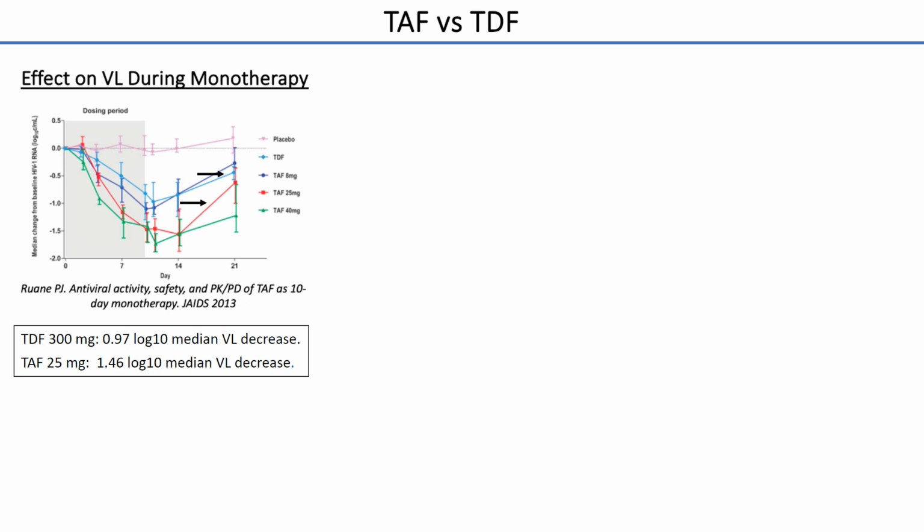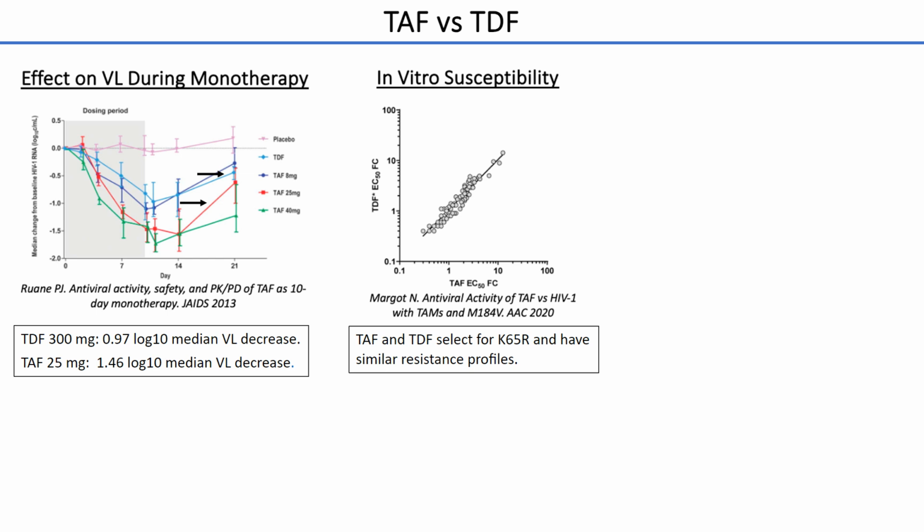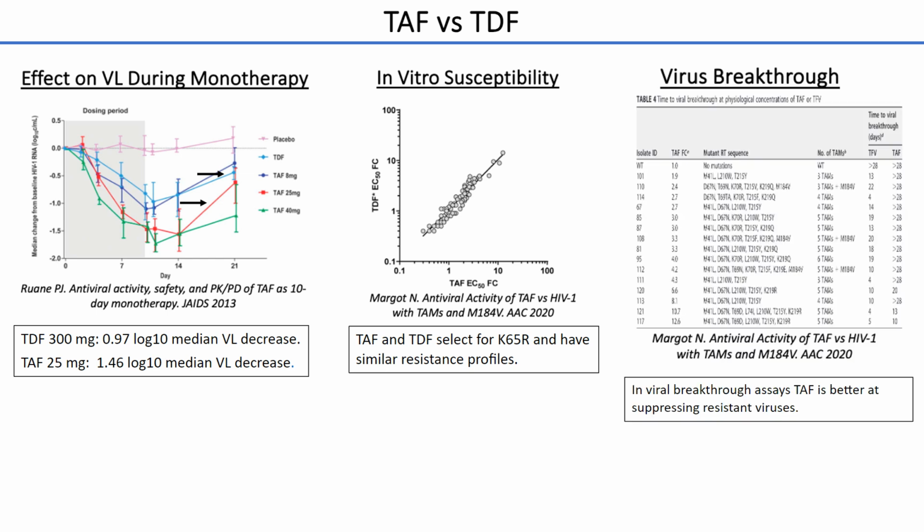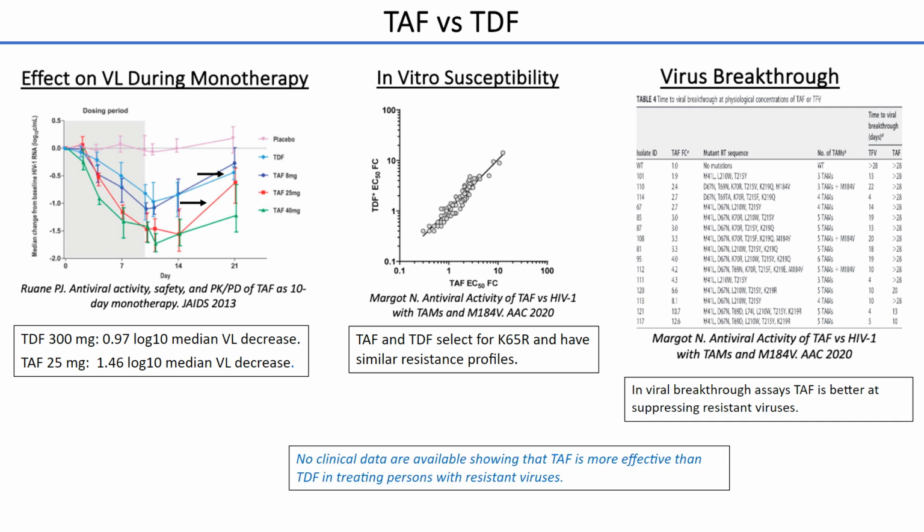However, both TAF and TDF select for K65R in vitro and exhibit similar fold reductions in susceptibility to drug-resistant viruses in both the single-cycle PhenoSense assay and the Gilead Sciences multi-cycle assay. The only differences between TAF and TFV were observed in virus breakthrough assays using resistant viruses.